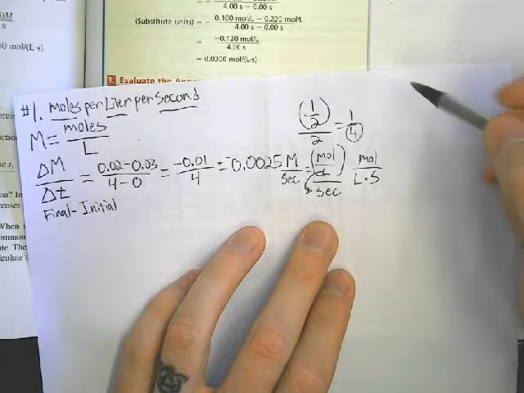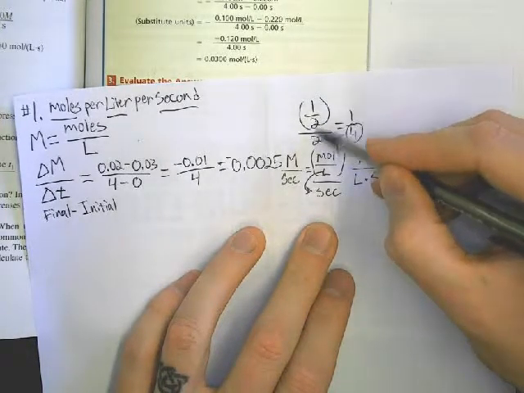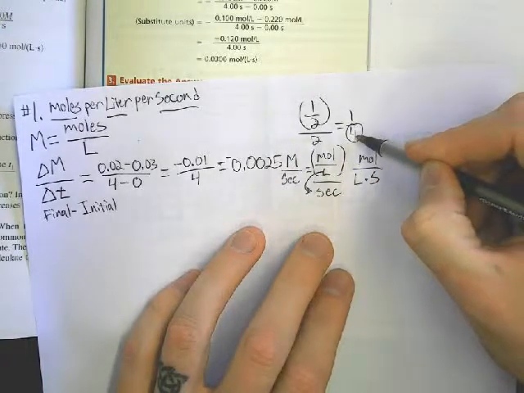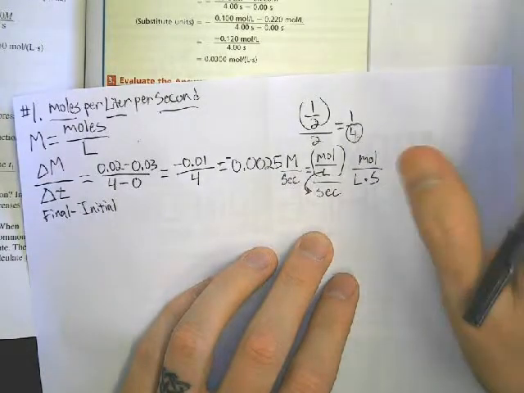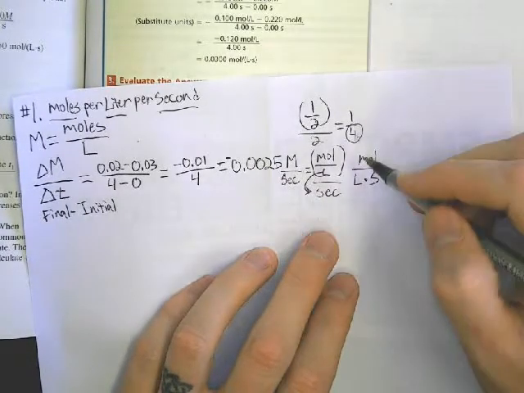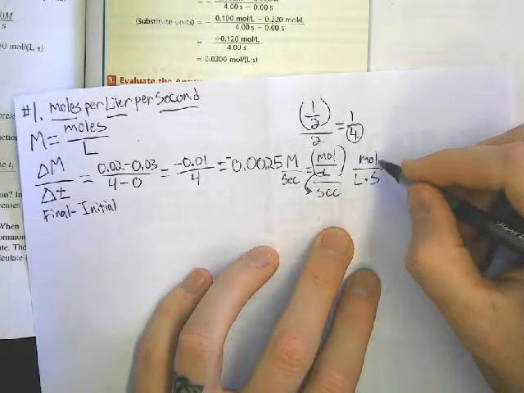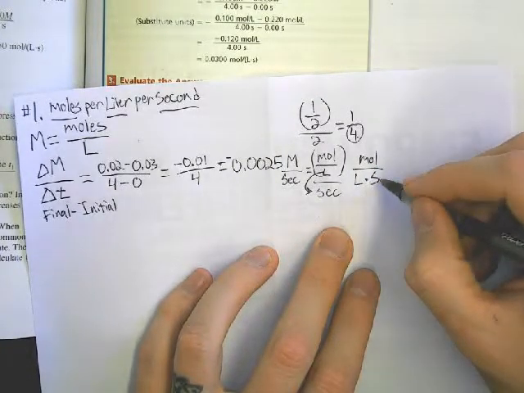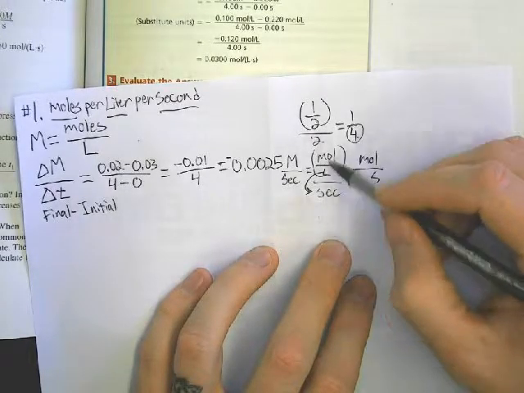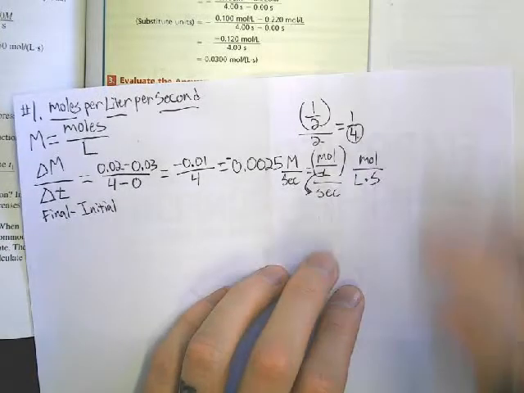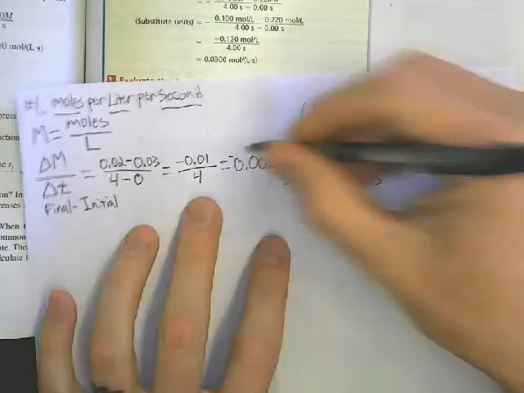You go 2 times 2, 1 divided by 2 times 2 is 4. Alright? Does this make sense? So, yeah, math is amazing, right? And so, moles divided by liters times seconds is the same thing as this. Okay, good. I'm glad we did that, so that makes more sense. Perfect. Okay, so this is our final answer.